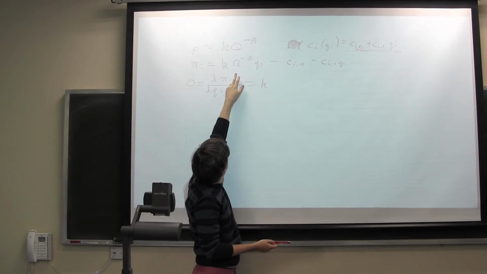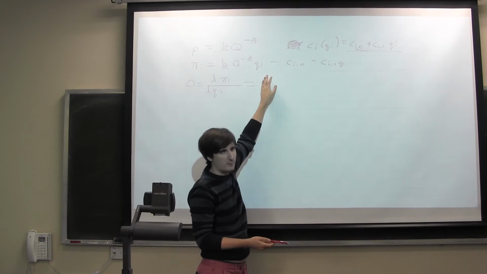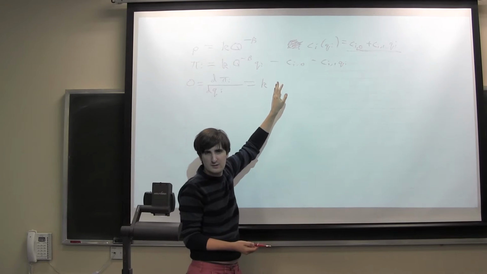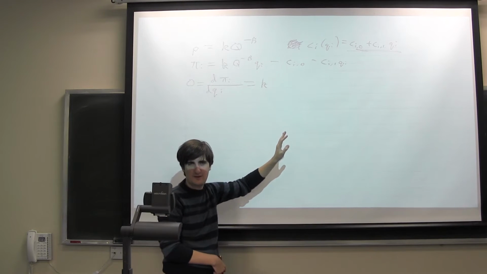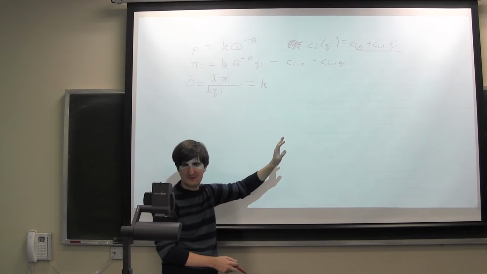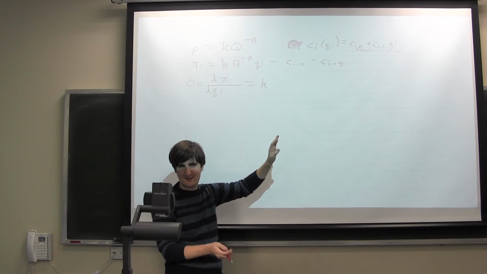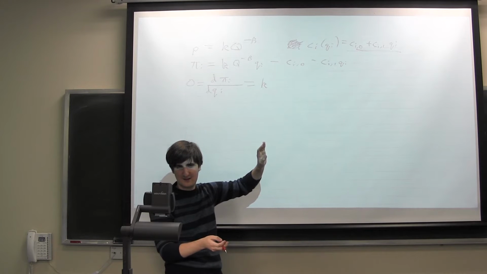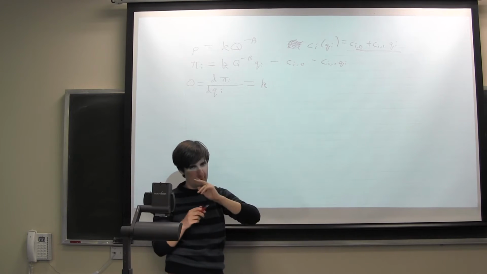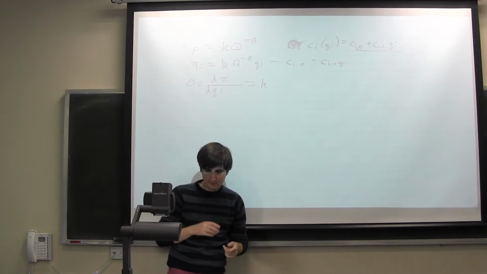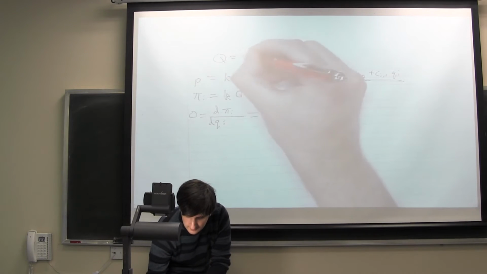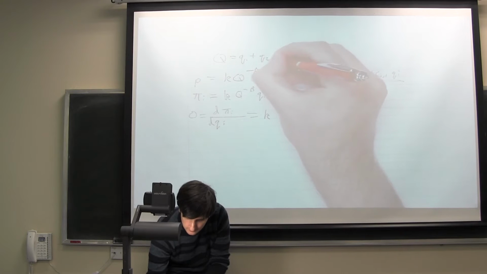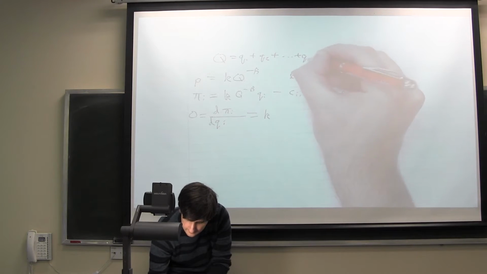So what's the derivative of capital Q with respect to little q? What's the definition of capital Q? It's the sum of all of the quantities. So capital Q is going to be Q1 plus Q2 plus all the way up to Qn, right?